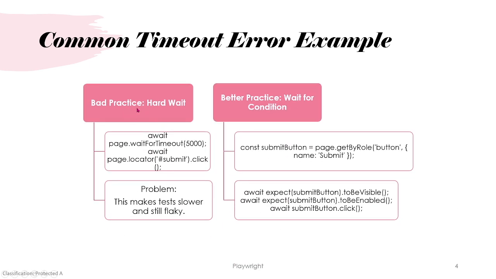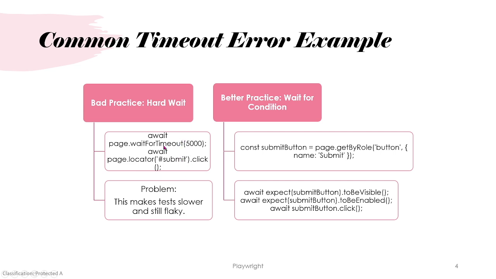Bad practice: hard wait. You see here is a hard wait, waitForTimeout 5,000, then find the submit and click. The problem is this makes the test slower and still flaky.